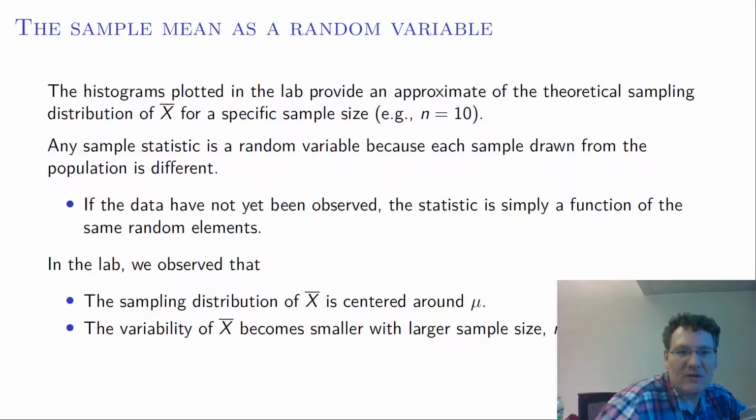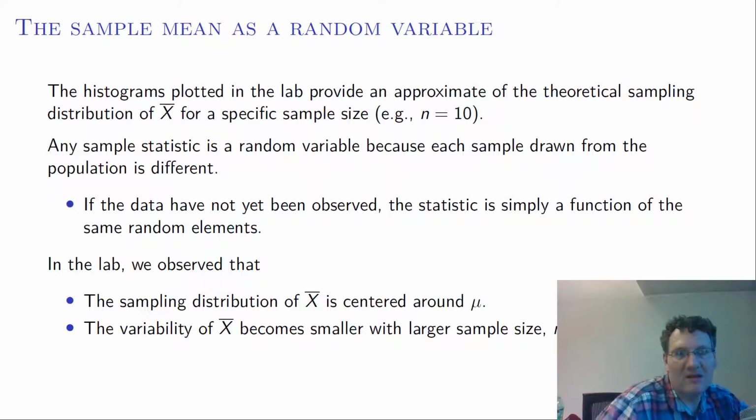So the idea is we can treat our sample mean as a random variable. And as a random variable, it has a mean and a standard deviation, and actually it has a probability distribution. At least theoretically it does.